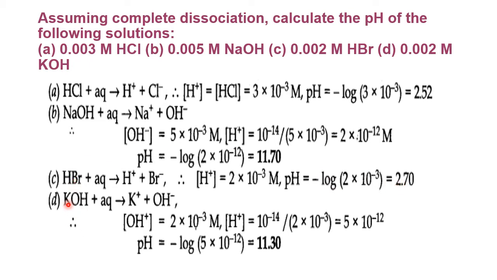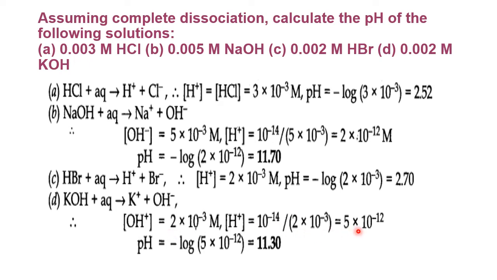In the same way, KOH is a totally dissociating, strong base giving OH minus. So whatever concentration of KOH is there, that is the concentration of OH minus. So OH minus concentration is 0.002, that is 2 into 10 to the power minus 3. Now using the same relation, H into OH minus equals 10 to the power of minus 14. So H equals 10 to the power minus 14 by the OH minus concentration, that is given already.